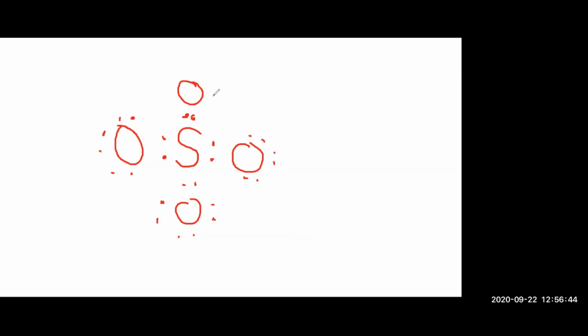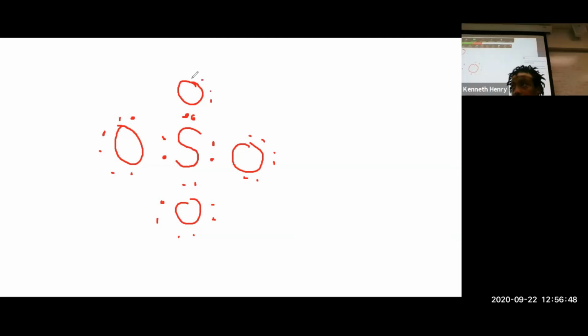So in total, it should be 32. So, in total, we'll have 32 electrons. That's correct. So, do we have 32 electrons? Yes. Okay.